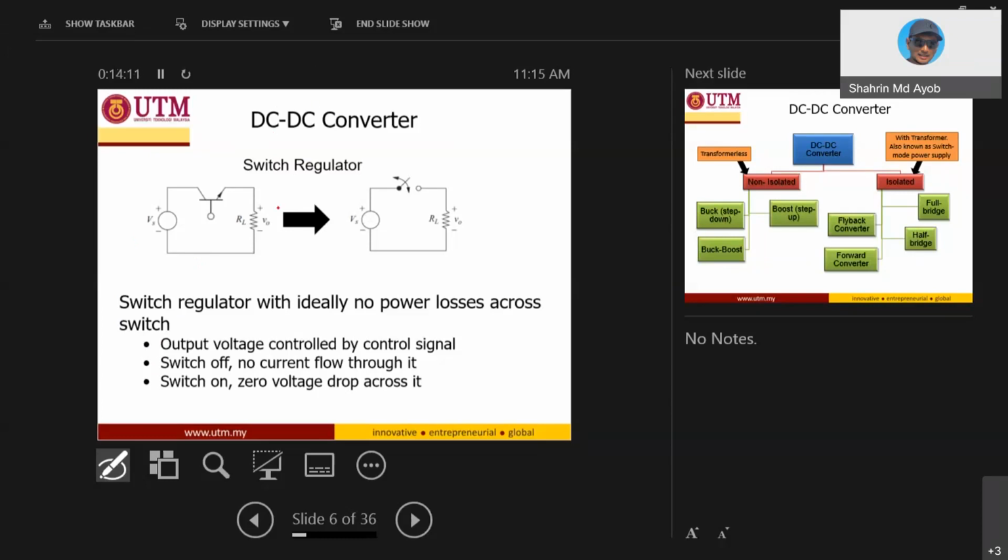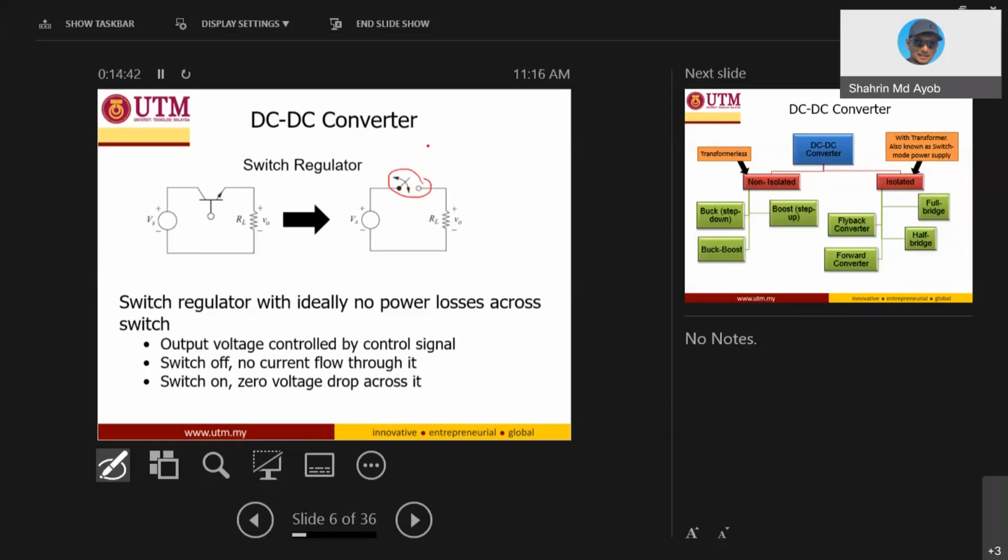So if this switch is ideal, we know that when the switch is off, no current will flow. No current, so I is 0. So the power across this will be 0. Same when the switch is on. We consider that there is no voltage drop, so during both switch on and switch off there are no losses at this switch.